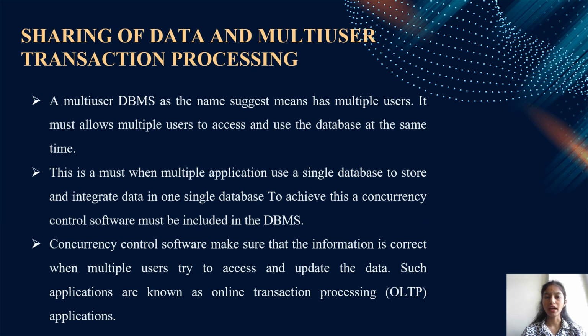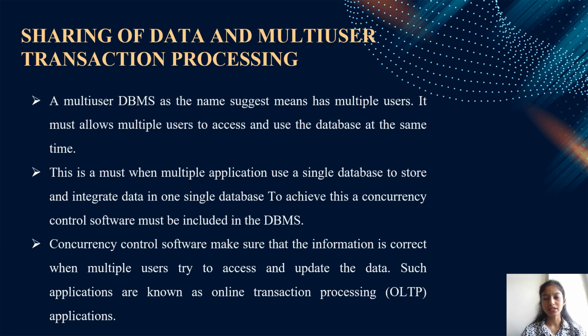Sharing of data and multiple user transaction processing. A multiuser DBMS, as the name suggests, has multiple users. It must allow multiple users to access and use the database at the same time. This is a must when multiple applications use a single database to store and integrate the data in one single database.